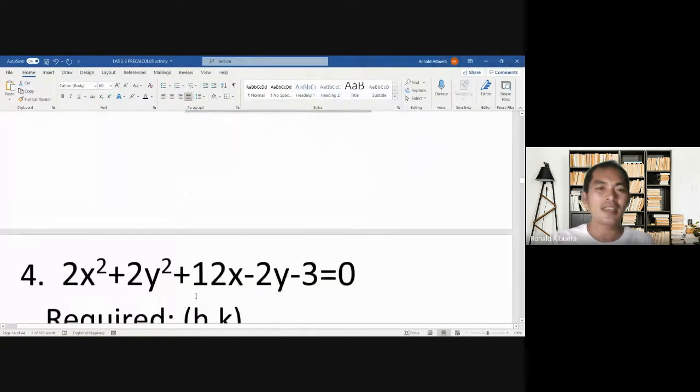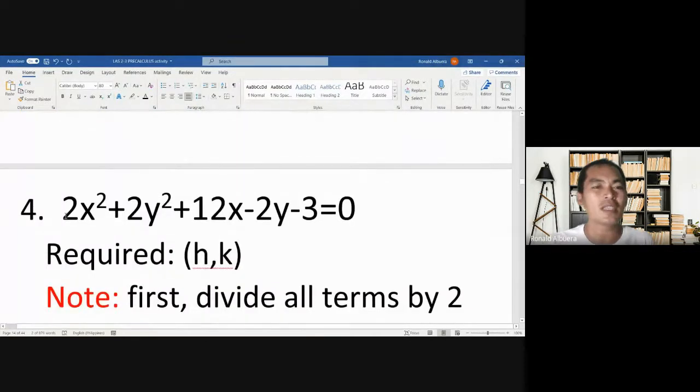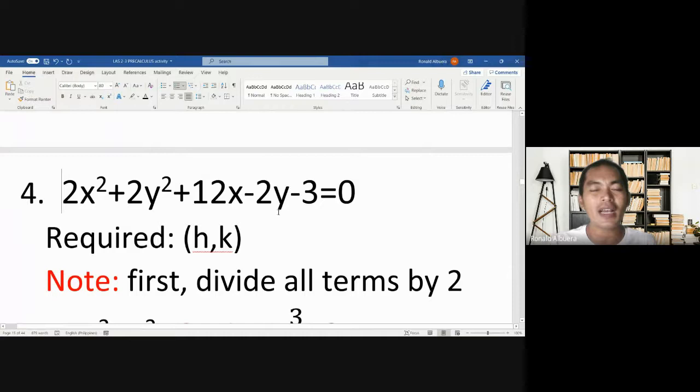Okay, last example. Suppose the given we have 2x squared plus 2y squared plus 12x minus 2y minus 3 equals 0. The requirement is, what is the center of the circle? Now take note that the coefficient of x squared and y squared is not 1, it is greater than 1.